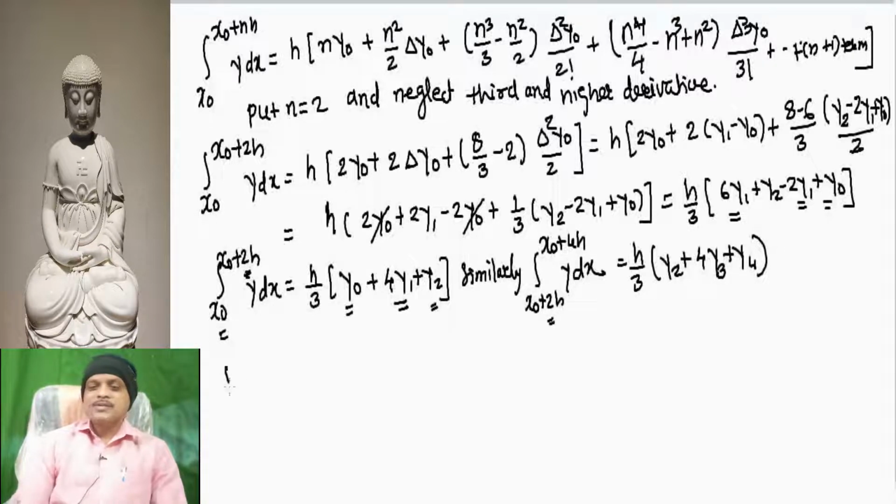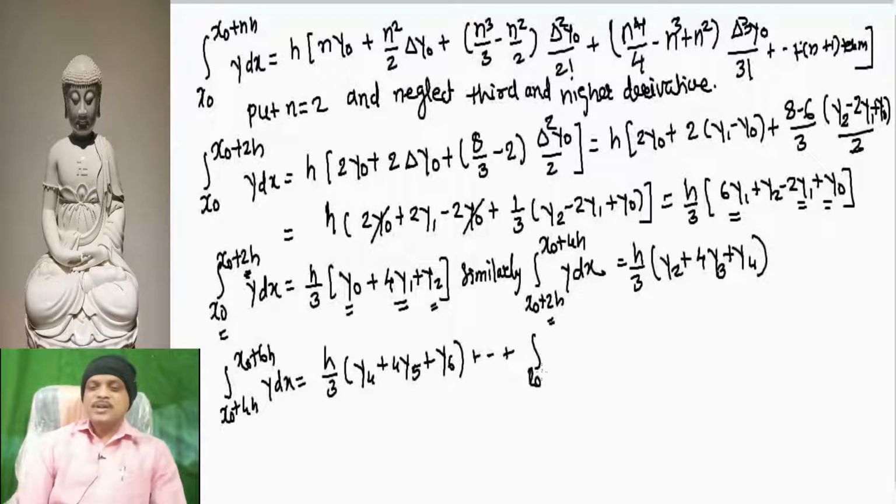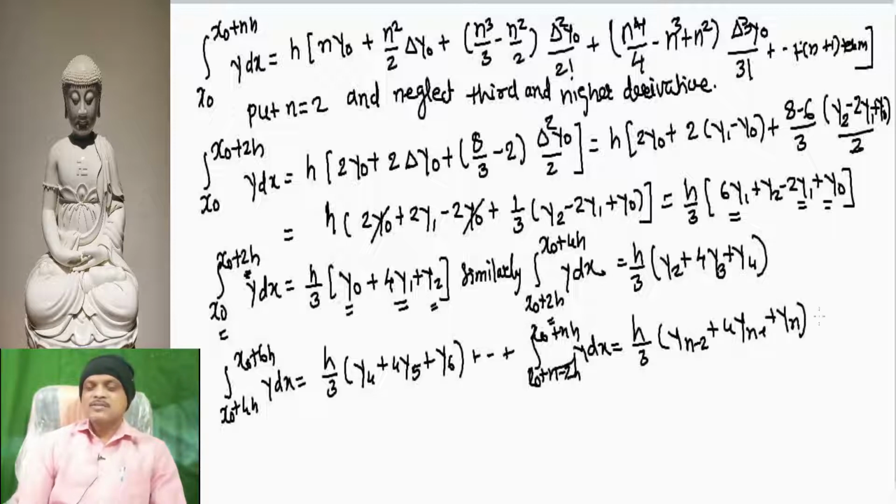Can you guess the next term? The integral from x0 plus 4h to x0 plus 6h of y dx equals h divided by 3 into [y4 plus 4 times y5 plus y6], and so on, up to the integral from x0 plus (n minus 2)h to x0 plus nh of y dx equals h by 3 into [y(n minus 2) plus 4 times y(n minus 1) plus yn]. This is when n is even.